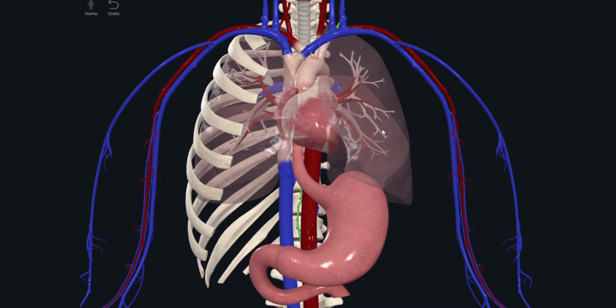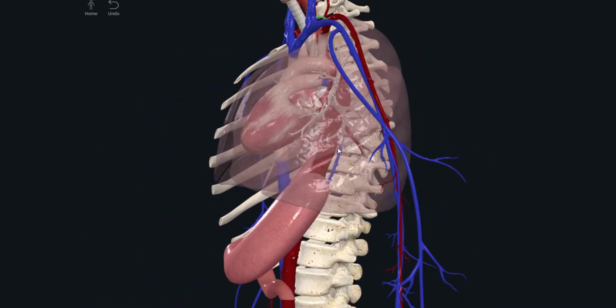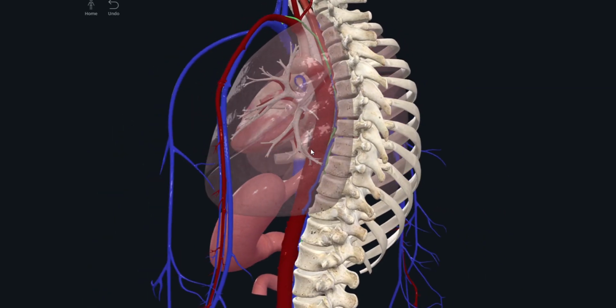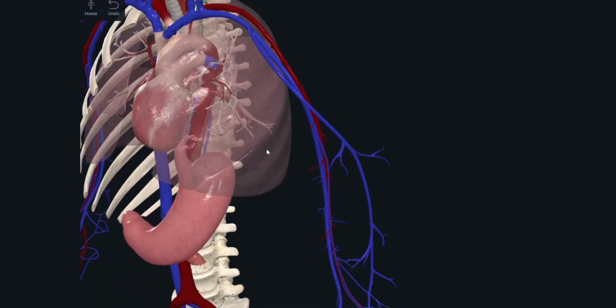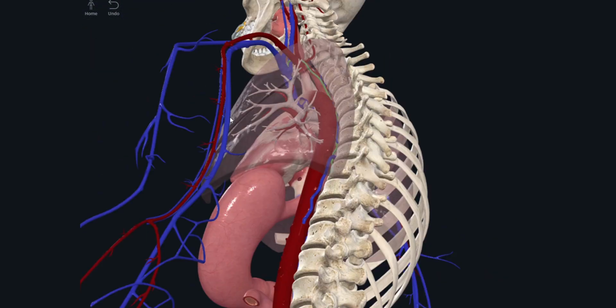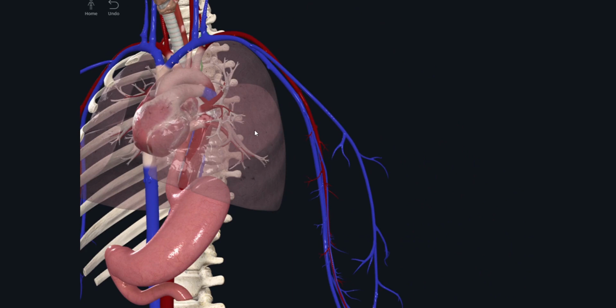But then I also mentioned the esophagus being in close relation to this organ. So that's the esophagus, not really easy to see, but mostly the superomedial aspect of the left lung is in relation with the medial surface of the left lung. So yeah, that's all you gotta see.